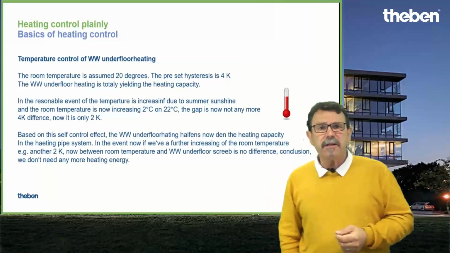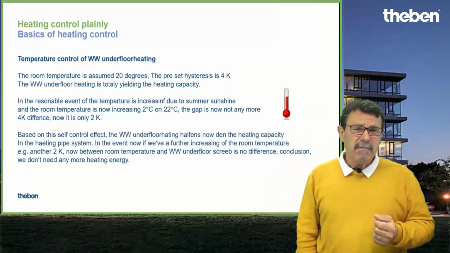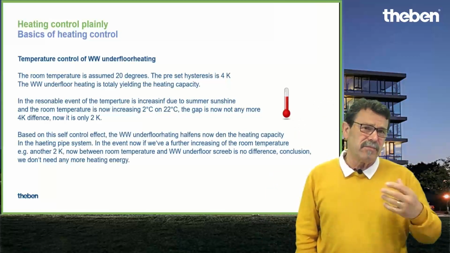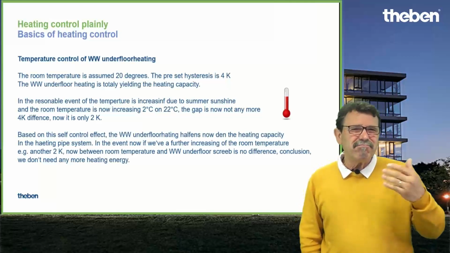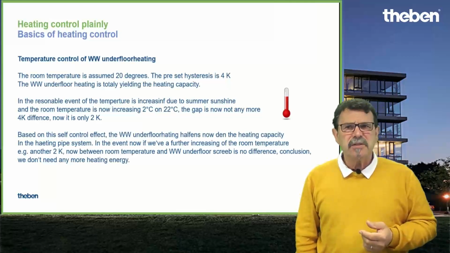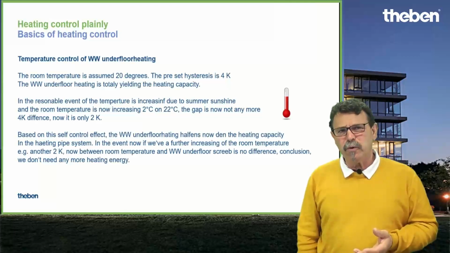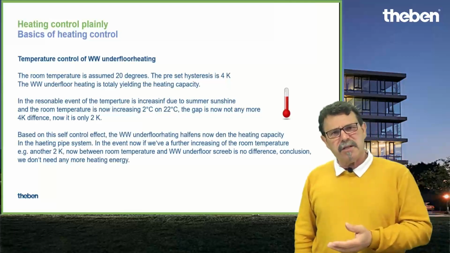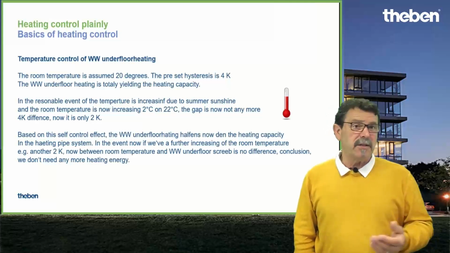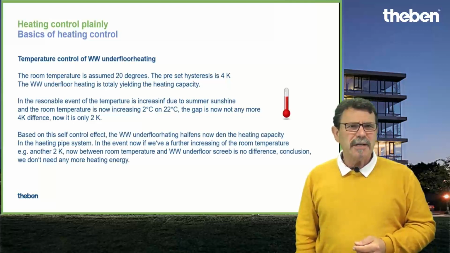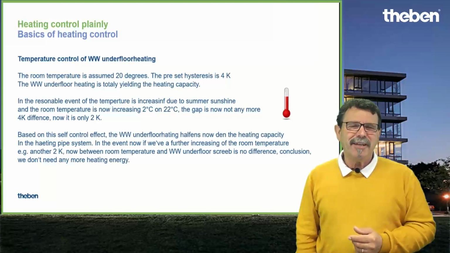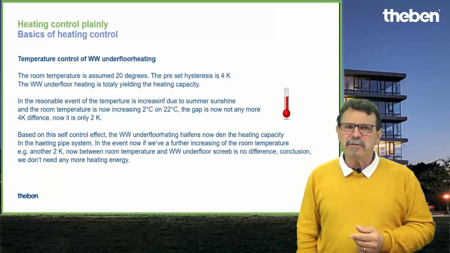Myself and my staff in the telephone hotline pretty often get the question: can you give me a recommendation? If I have underfloor warm water heating, does it make sense to reduce the temperature during the nighttime, for instance, in order to save energy? I would like to say, out of some experience, if you do so, 1 or 2 degrees down, that's it, not more.